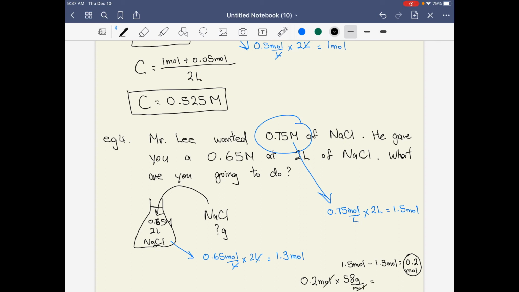This will give you your moles into mass. That's your final answer. You're gonna measure out 11.6 grams of NaCl, and you're gonna dump it in there. So you will turn the concentration from 0.65 to 0.75, just like what Mr. Lee wanted.